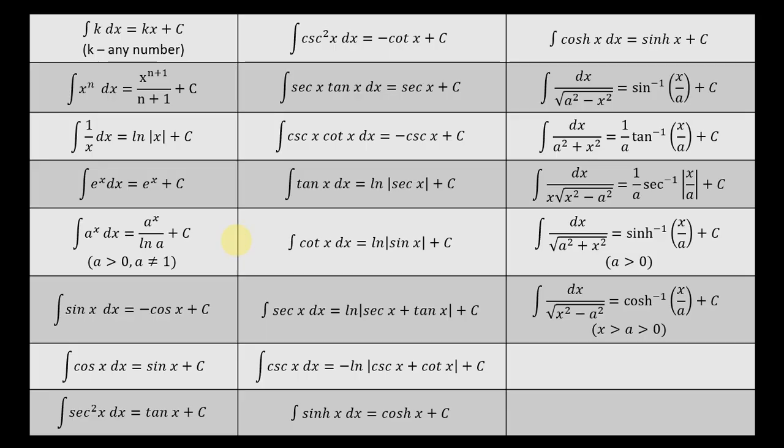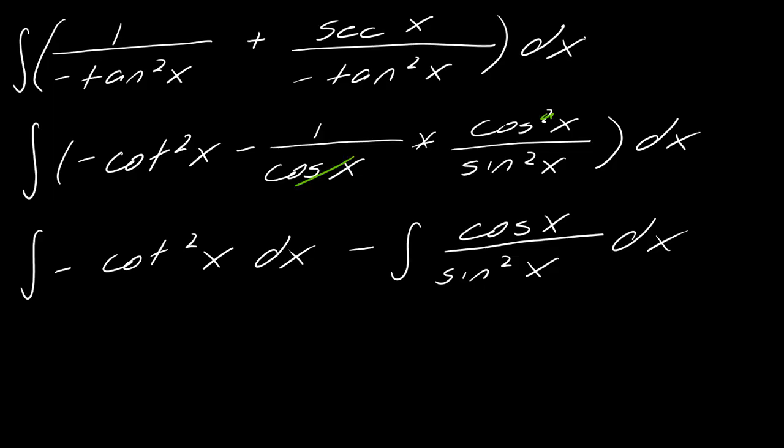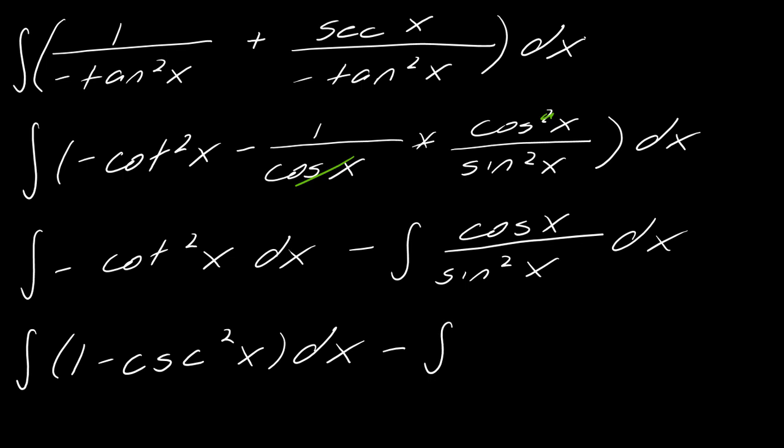What I can integrate is cosecant squared x, but I can totally relate negative cotangent squared x to cosecant squared x. Using a similar property from before, this negative cotangent squared x can be rewritten as 1 minus cosecant squared x. So this one I can now integrate. And now for this other one, we're going to have to use some substitution to get the job done.